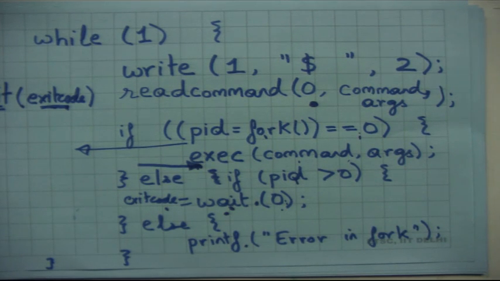But if I wanted to redirect the output of my child process to some file, I would close the existing standard output and then open the file. Once again, the semantics are that open will return the first available file descriptor in the file descriptor table, which means standard output will get reinitialized to the file, and now exec of ls can take place.